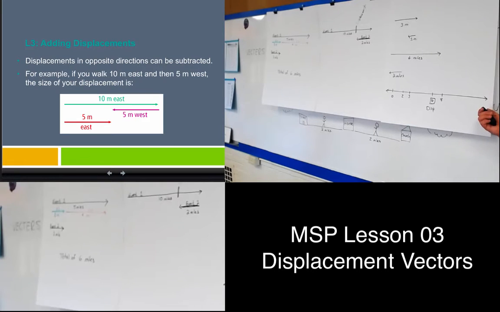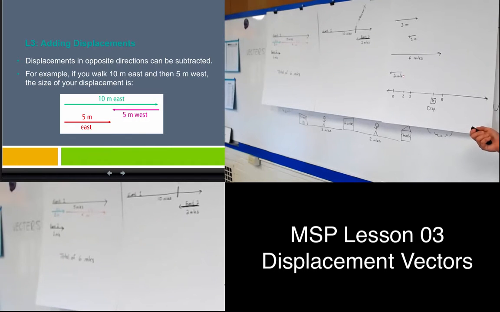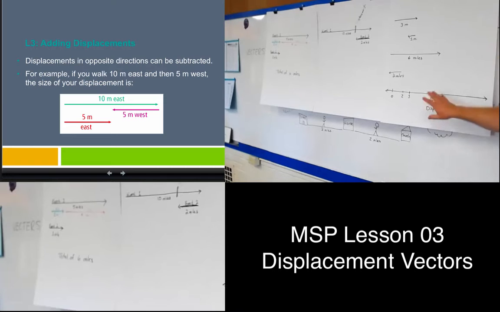All right. Now, we have 4 events that happen here, represented by 4 vectors of different sizes in different directions on this last chart. We have 3 miles to the right, 1 mile to the left, 6 miles to the right, 2 miles to the left. Now, there are 2 ways to solve this problem.